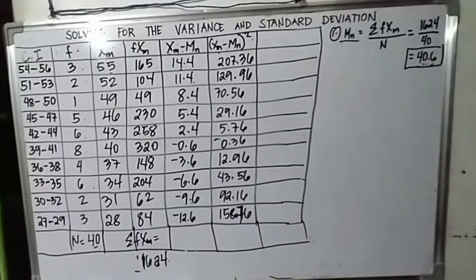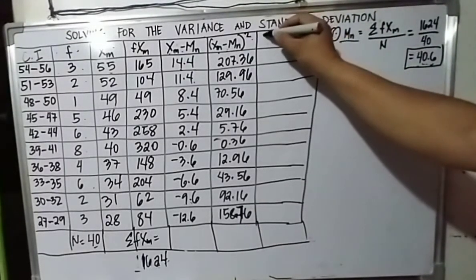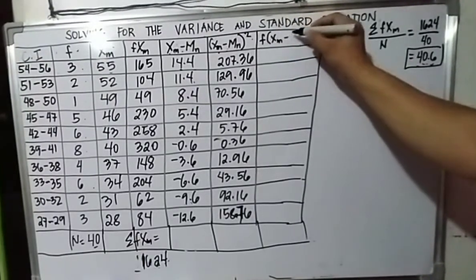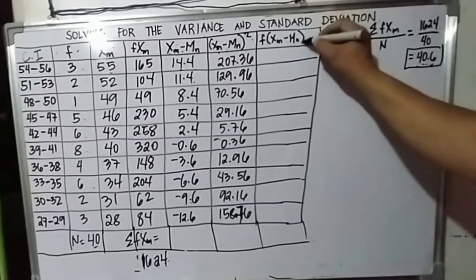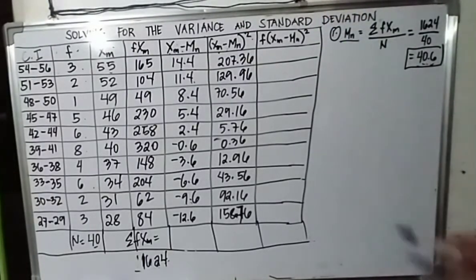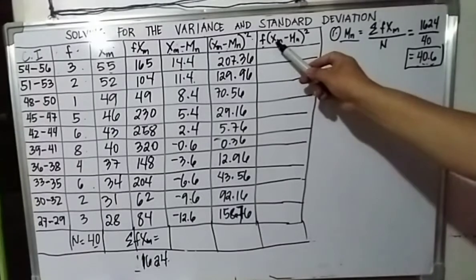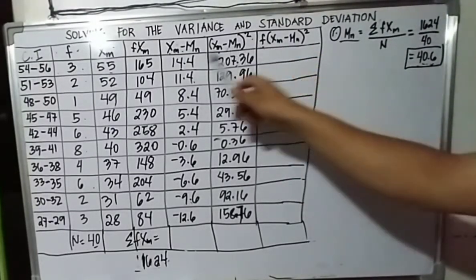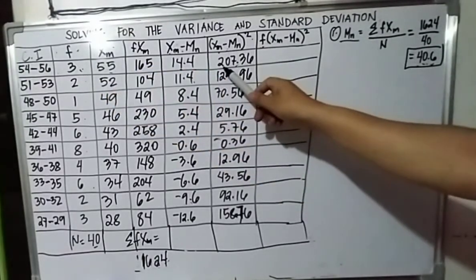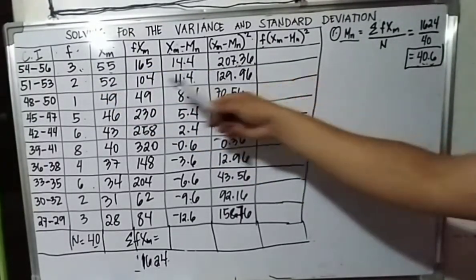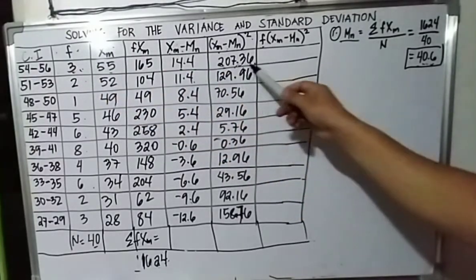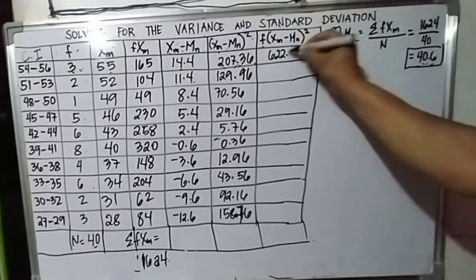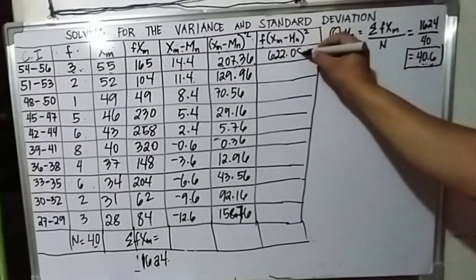Okay, next formula, next one is f times x sub m minus mean raised to 2. So meaning frequency times this one. So ito, frequency times 207.36. So 3 times 207.36, that is 622.08.